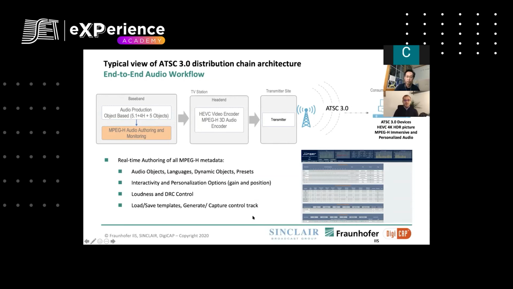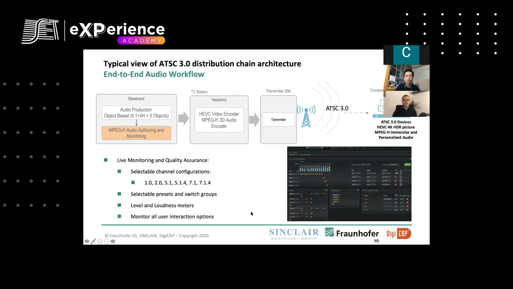If we move on, the second aspect of these authoring units is of course the monitoring. You want to ensure that your content contains all the features that you have created, and that it sounds good on all possible outputs.